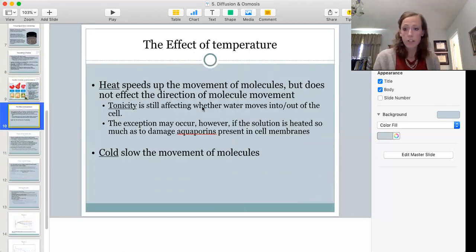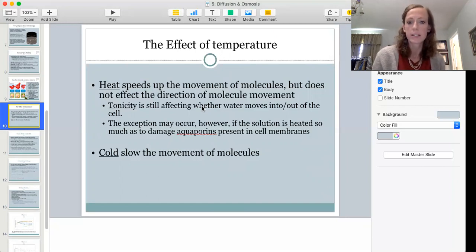Temperature has an effect on this. It's not an effect on the direction of water movement. However, it is an effect on the speed at which the water may move into or out of the cell. So heat, as I mentioned earlier, speeds up the molecules' movement. It doesn't affect the direction.